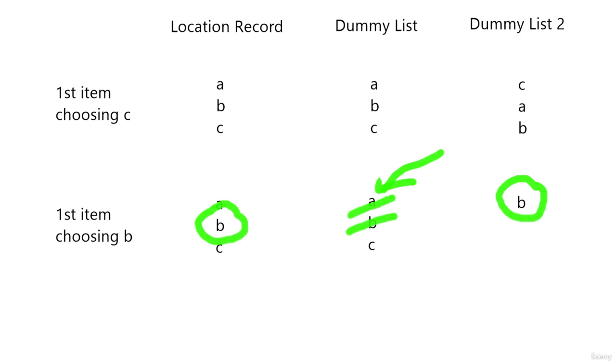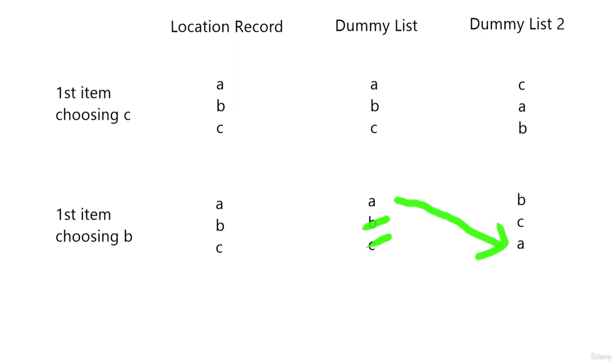To let the coding work, we need to delete the first item, A, in location record in the dummy list, and let C become the second item in dummy list 2. Or else C will be left as the third item without moving to a new location. Again, the last one is just the remaining item after deleting the 2 items in dummy list 2 from the dummy list.